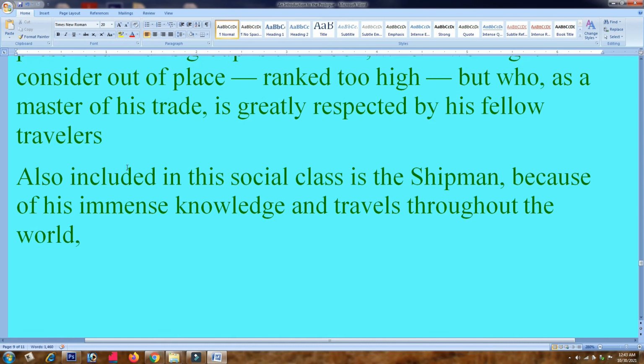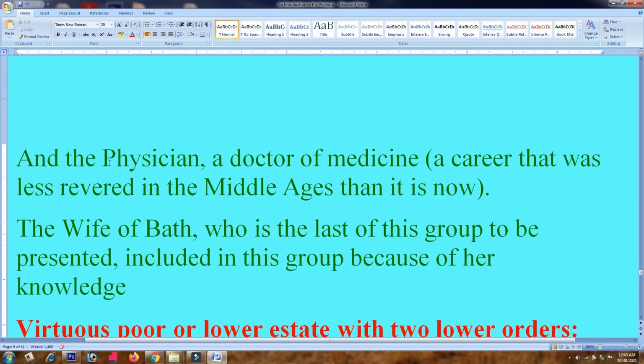Also included in this social class is the shipman, because of his immense knowledge and travels throughout the world, and the physician, a doctor of medicine. The Wife of Bath is the last of this group to be presented, included because of her knowledge.